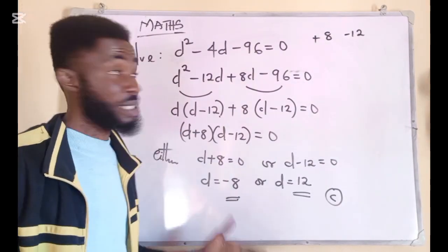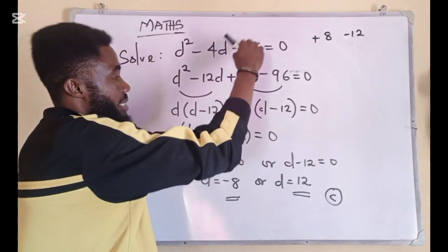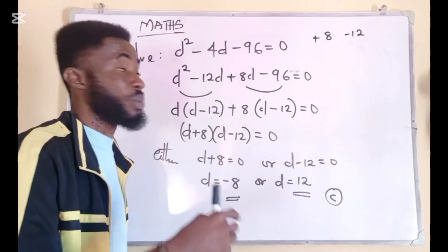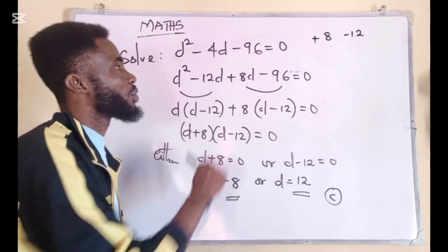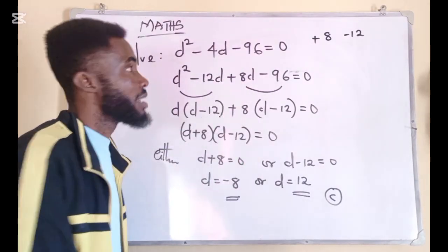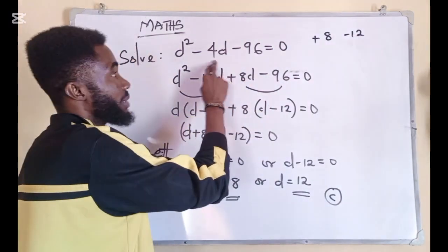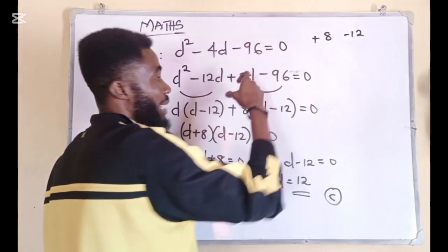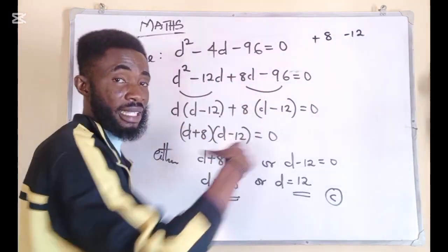This is a quadratic equation, and whenever a question like this is given, I believe you would have known how to factorize before sitting for such an examination, so you don't need all these processes. So long as you can find those two numbers that, if you add, you get the middle term, and if you multiply with the signs inclusive, you get the last term.